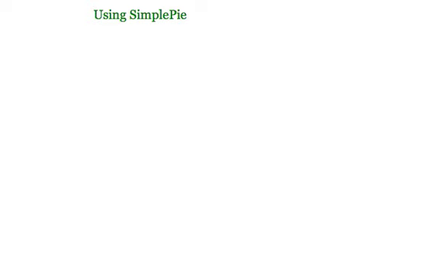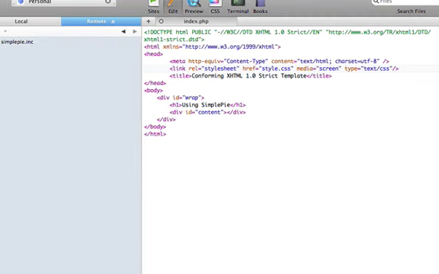As you can see here, I've got a simple page opened up with just a page wrap and a wrapper div with just a simple H1 in it that says using SimplePie. If we look at the development environment here, it's live on my server in the development directory, and then I created a directory called SimplePie.